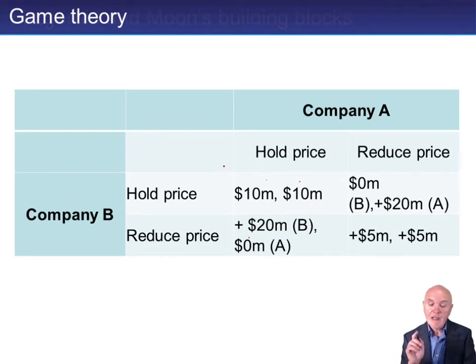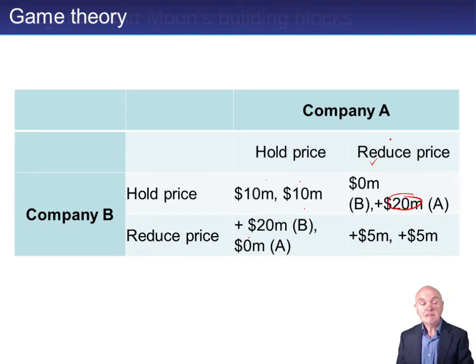Let's say, first of all, if I hold my price and B holds its price, I'll make 10 million. If I reduce my price and B holds its price, I'll make 20 million. So I'm definitely better in that scenario reducing my price, because my sales go from 10 million to 20 million.